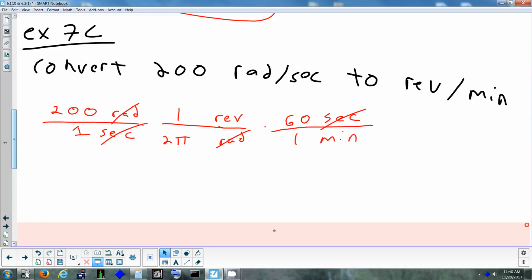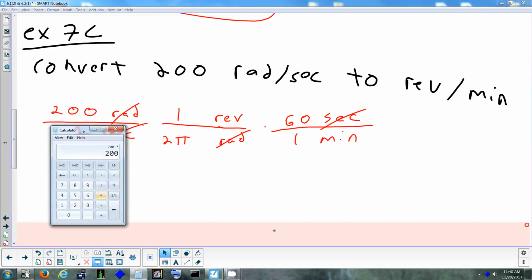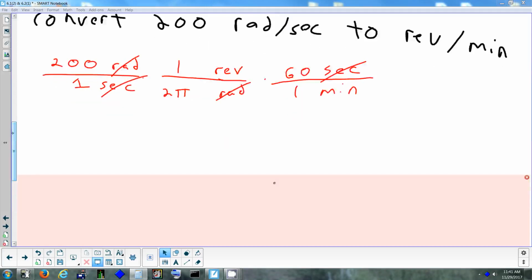So let's see. 200 times 60 divided by 2 pi. So in this calculator, I can just do divide by 2 and then divide by pi. If I had a pi button, I would have used it, but that's more than accurate for what we need. Okay, so it's about 1,910 revolutions per minute.